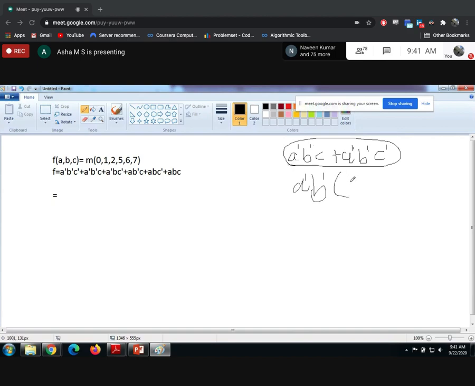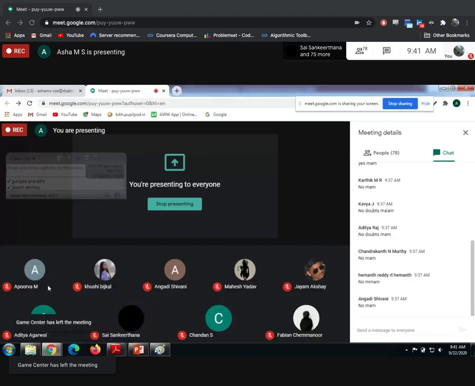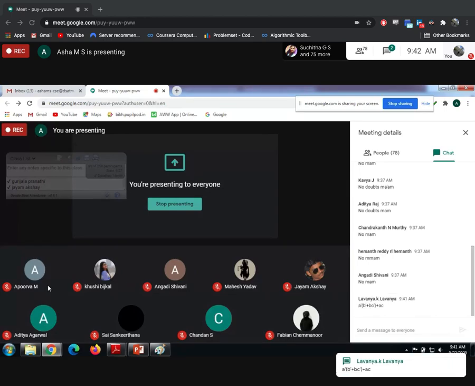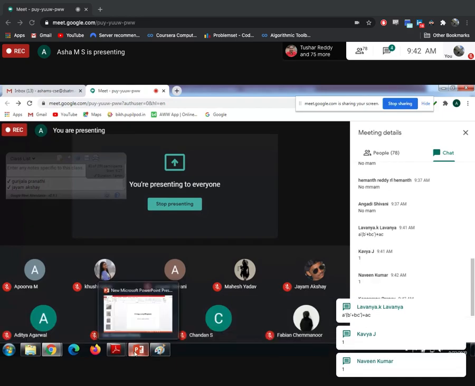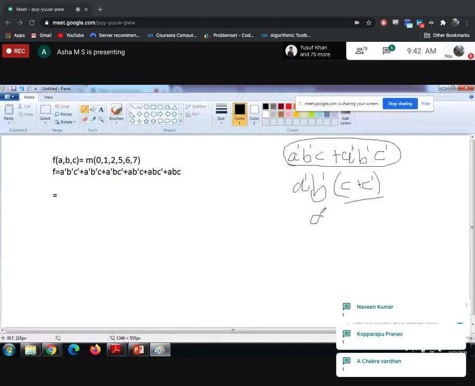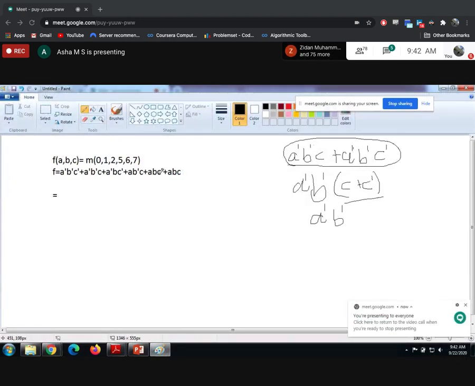Then here you are left with c, and here you are left with c bar. So c plus c bar will become 1. So that will be rewritten as a bar, b bar. Correct, right?